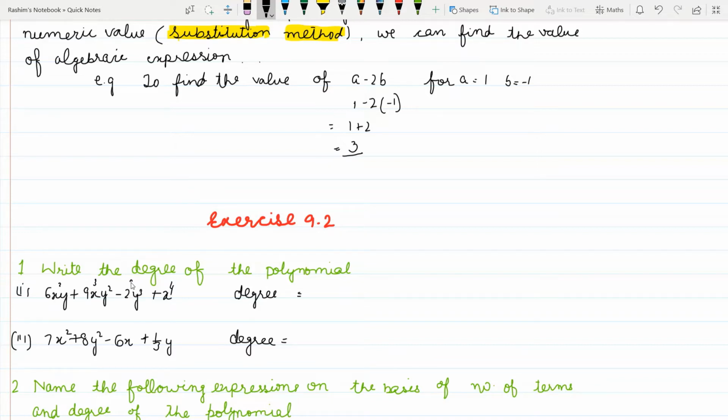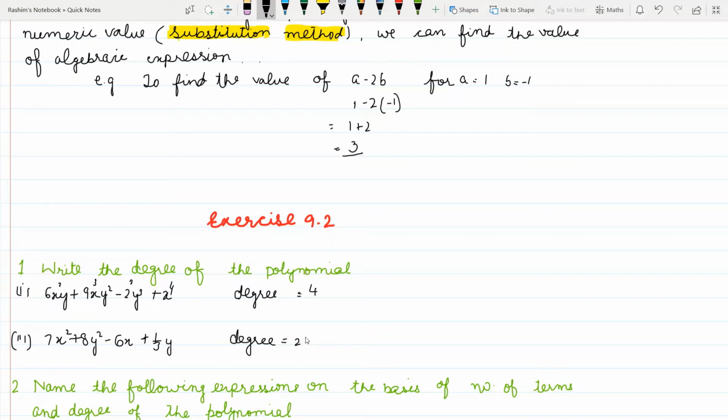This term is 3. And here x4 is given. It means the highest power is 4. So the degree we will write here as 4. Alright. Then in this question, 7x square plus 8y square minus 6x plus 1 upon 3y. Here these two terms have power 1 and 1, but here x square, y square, power is 2. It means here the degree will be 2.